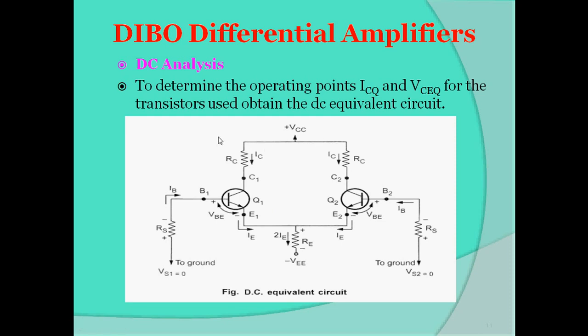Because of this, the current flowing into base B1 is equal to the current flowing into base B2, or IB1 is equal to IB2, and we simply represent it as IB. Similarly, these two resistors RC1 and RC2 are again identical.